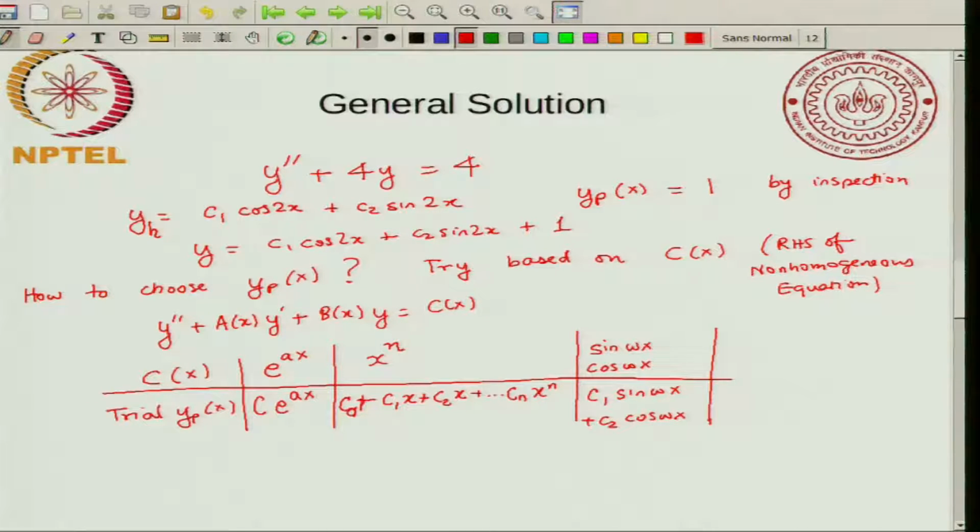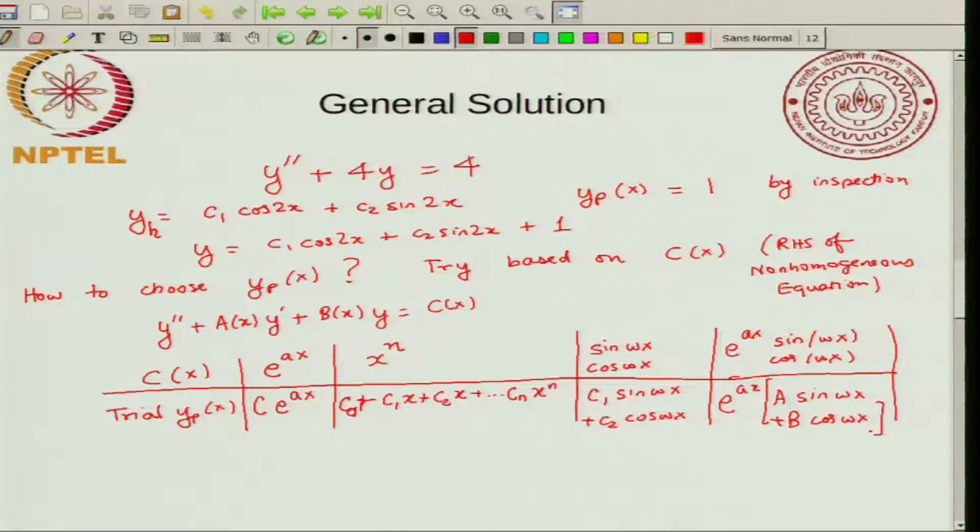If you had a product of e to the ax times sine omega x or cosine omega x, then again your trial function will look like e to the ax, and then you have a sine omega x plus b cosine omega x.